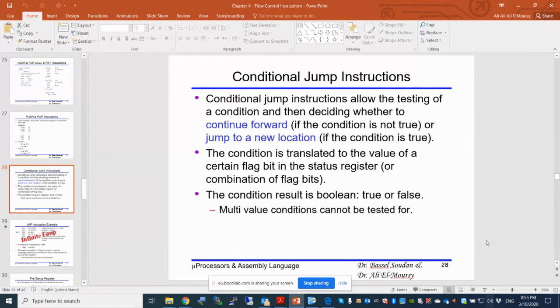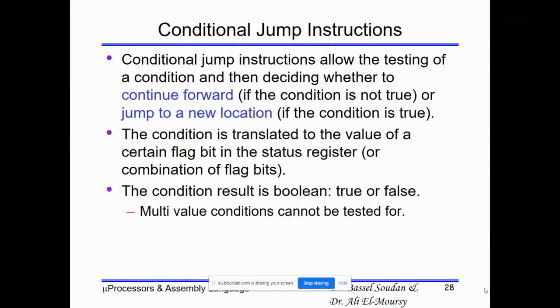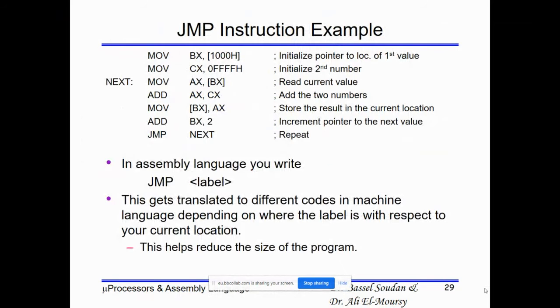To motivate why we are learning conditional jump instructions, we will take a very simple example. Our example contains one of the control flow directives we use in high level language, which is the for loop.